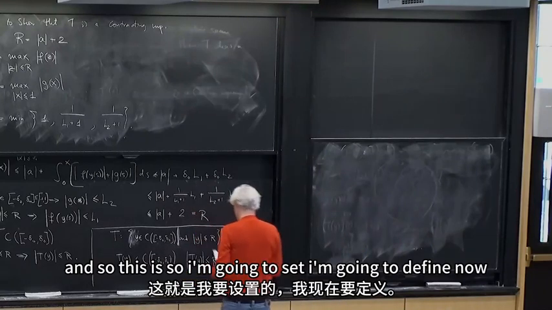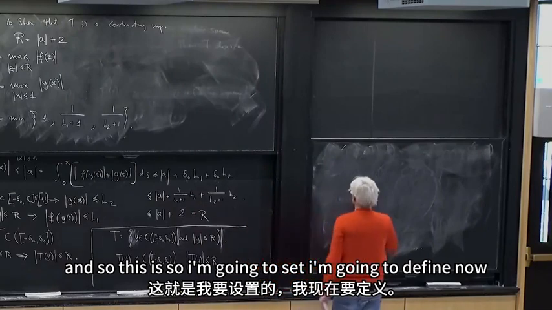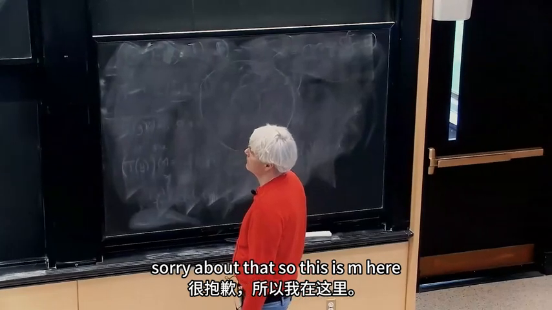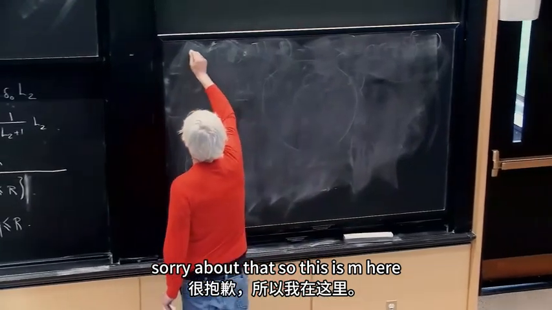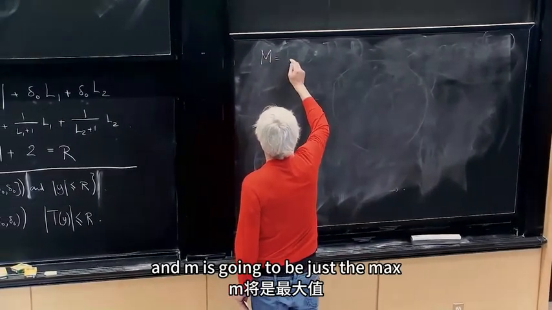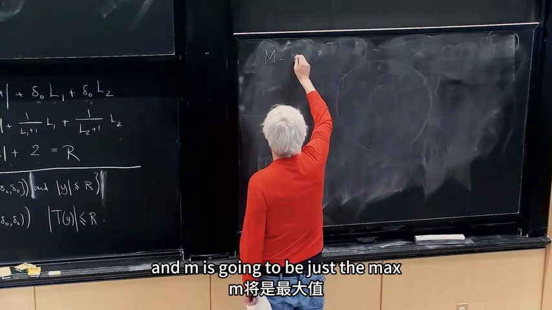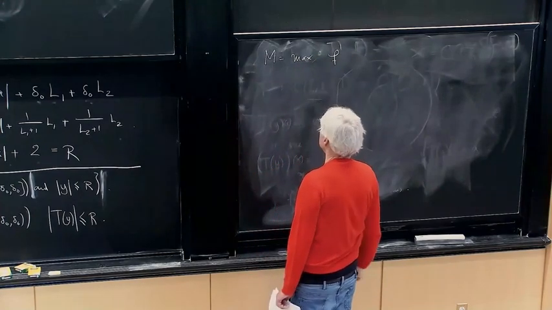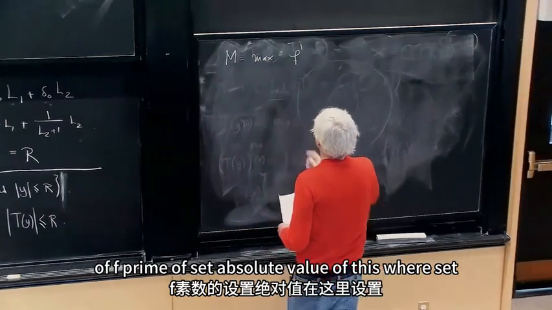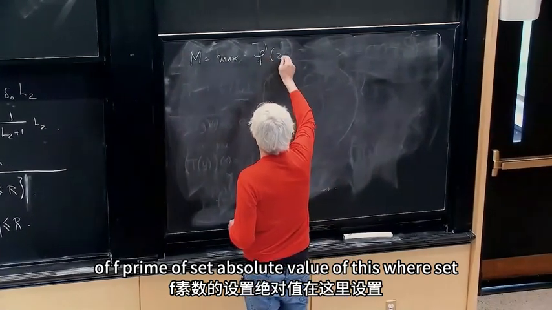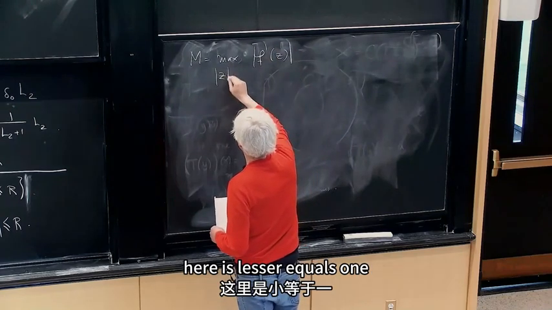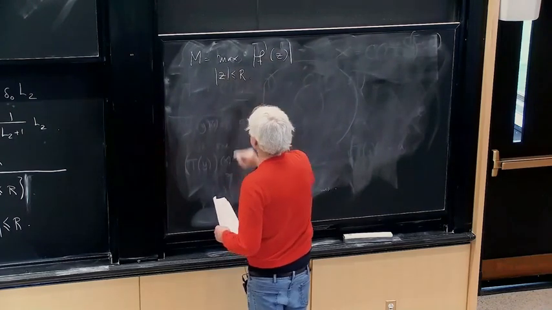And so I'm going to define now one more constant. So this is m here. And m is going to be just the max of the absolute value of f prime of z, where z here is less or equal to r.